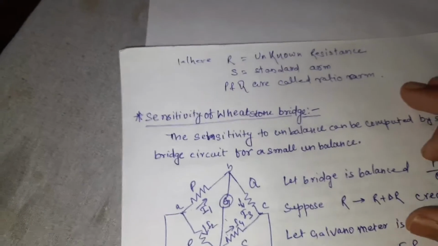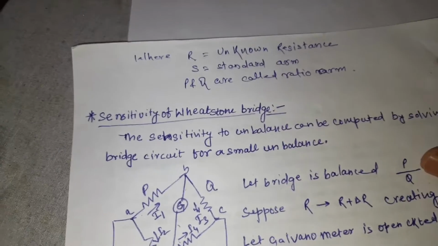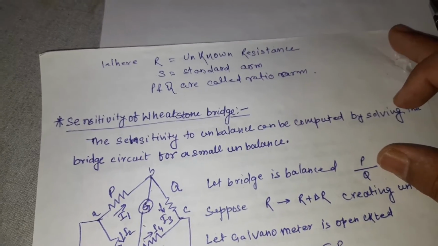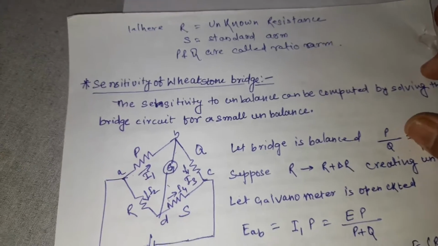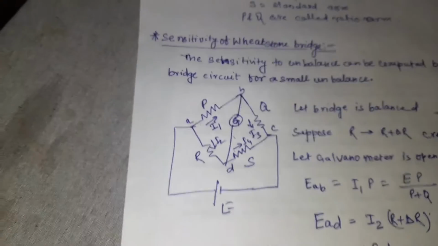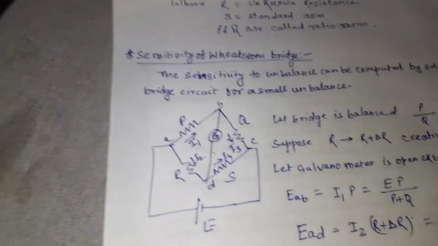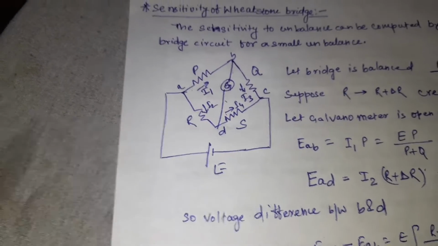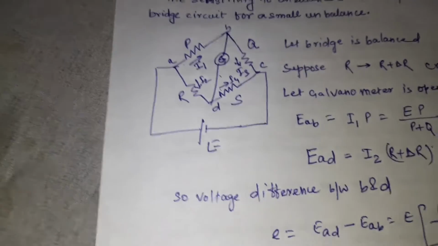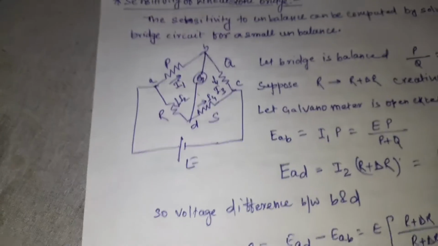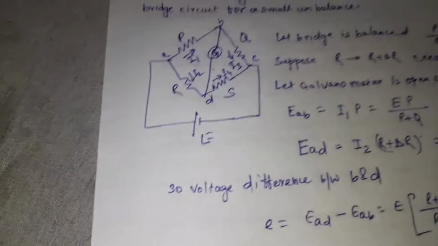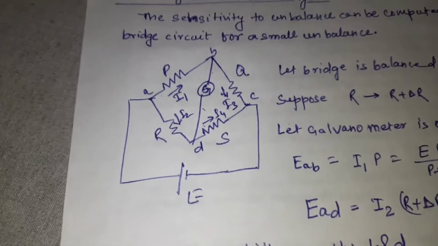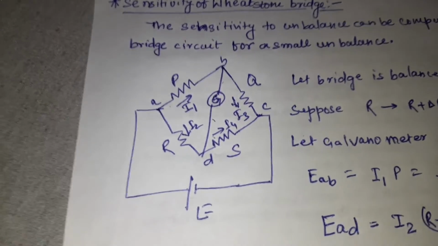So the sensitivity of the Wheatstone bridge means the sensitivity to unbalance can be computed by solving the bridge circuit for a small unbalance. That means if there is a small unbalance in the circuit, how is the result of the calculation affected by the circuit. Sometimes you use a sound system with the galvanometer.